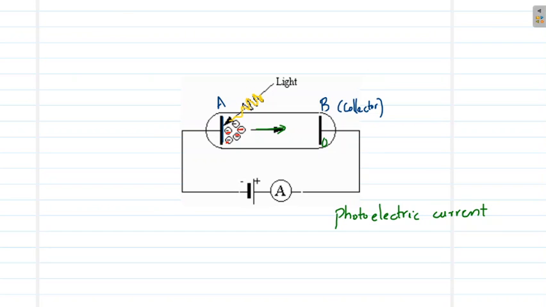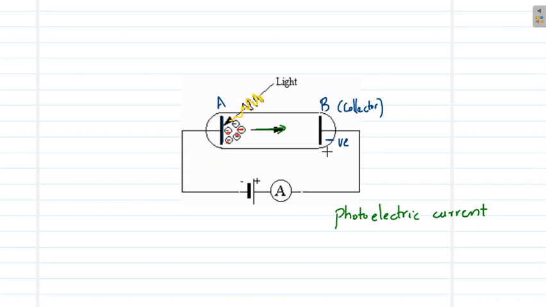So then the experimentalists tried to make the potential of the B plate negative. What will happen then? The electrons that are produced by the photoelectric effect will try to move to the right side, but the negative potential at the B plate will be repelling those electrons and they cannot make it up to the right side.